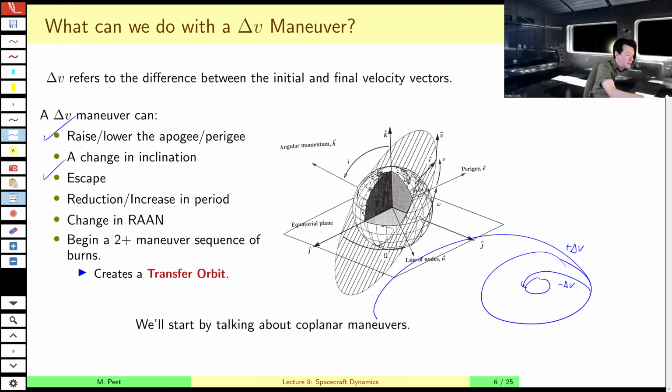Escape, we gave an equation for that. We know the velocity we need to escape the orbit entirely. We can change the period, because remember, v determines a, which determines the period, so we can do changes in period. There are a couple here related to that last equation on the previous slide. For example, we can change our inclination.